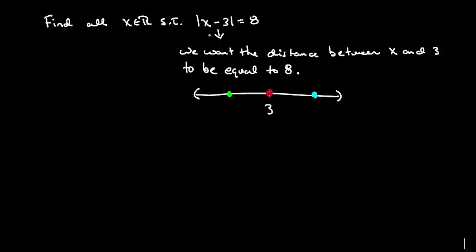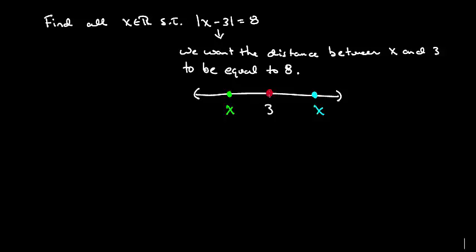But here's what we want. We want the distance, because that's what absolute value means, is distance. So the distance of some x minus 3, some distance between some value x and some number 3 to be 8.